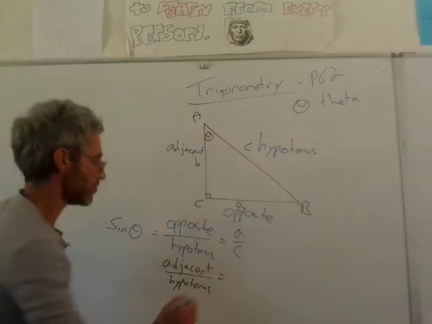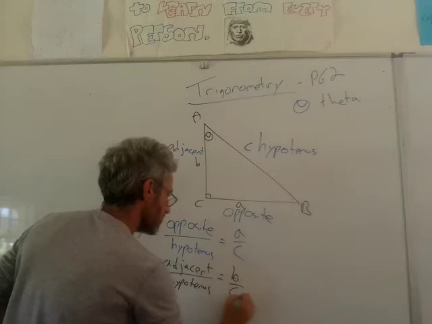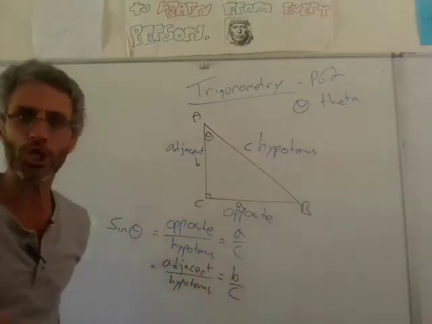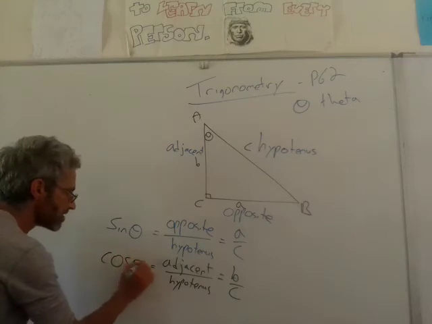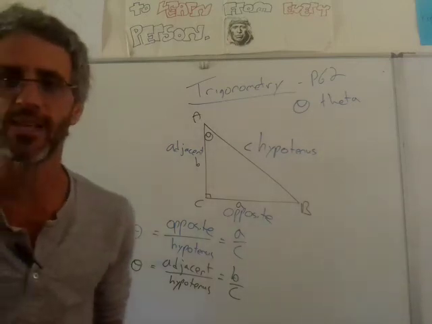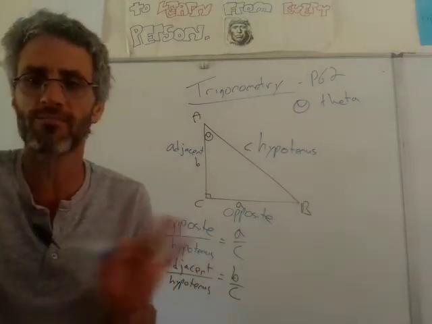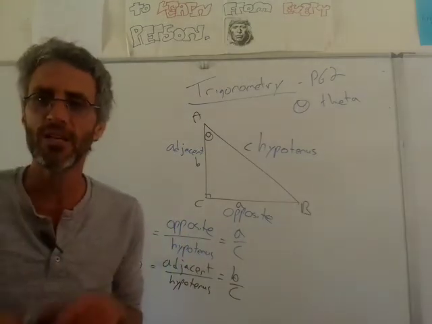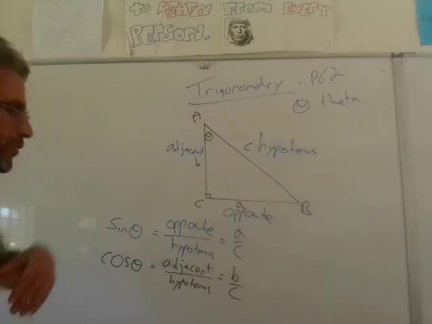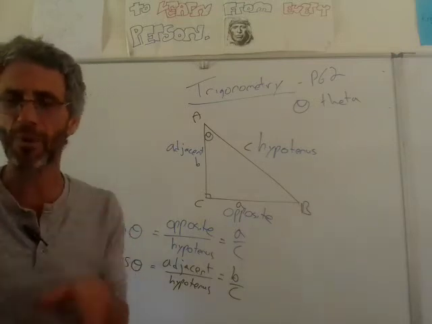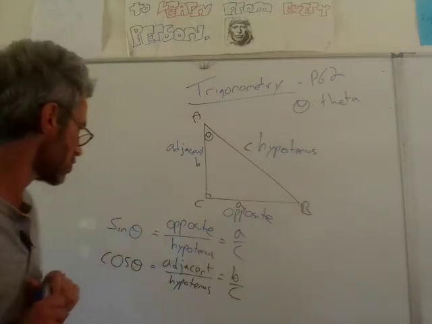That's not going to be sine theta. That's going to be cosine theta, C-O-S. Don't get nervous, don't get stressed about these letters. It's just a ratio. Don't worry, we'll build more on that and practice things. I'm just giving you a definition right now.